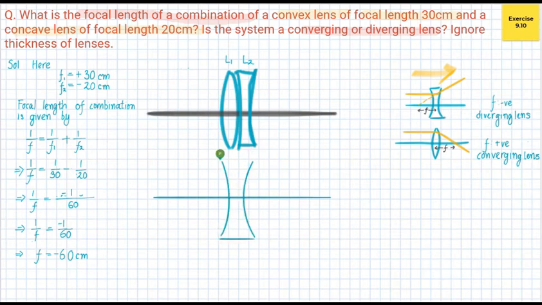Instead of using two lenses, you can replace it with a single lens. This single lens is known as your equivalent lens. And how much should be the focal length of this equivalent lens? It will be minus 60. That means somewhere here.